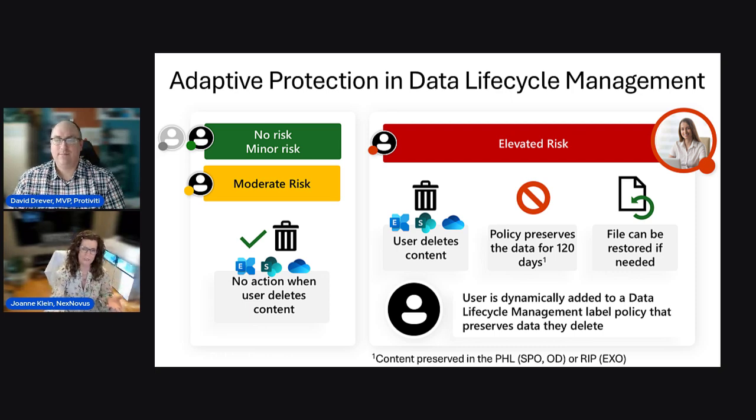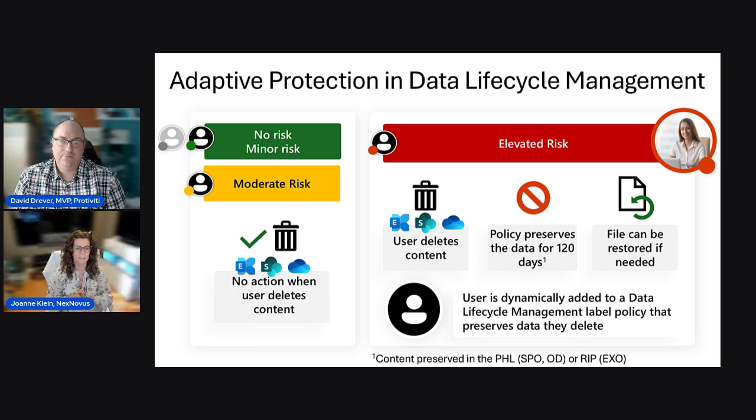It kind of depends on the setting of the retention label, if it's a record or not, or if it's a retention policy. It will be preserved in the preservation hold library, but it only stays there for a certain length of time, and you may not notice this until after that. So none of those on their own are a 100% guarantee that it's going to preserve the content.